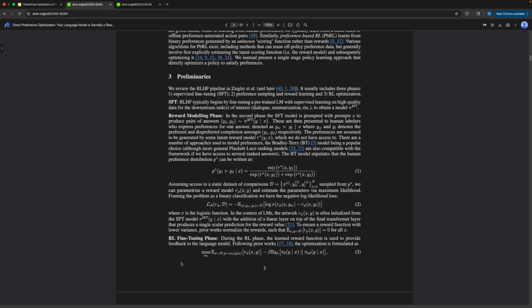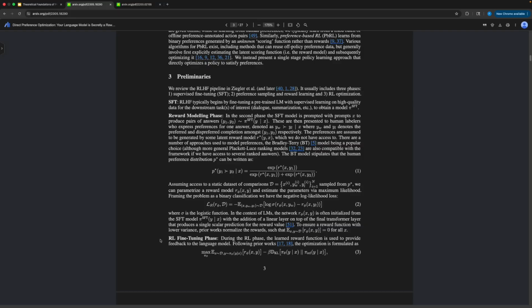So usually this RLHF pipeline is pretty complex. You want to train a reward model optimally, and finally even in the fine-tuning stage, it's an actor-critic model, so you need to train a value function as well as a policy, and need to balance the training of both of them in the RL stage.